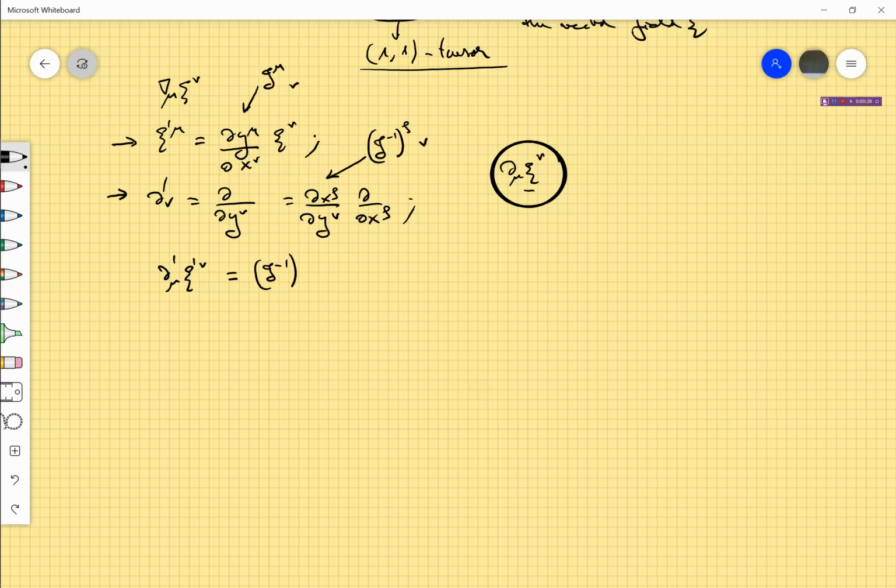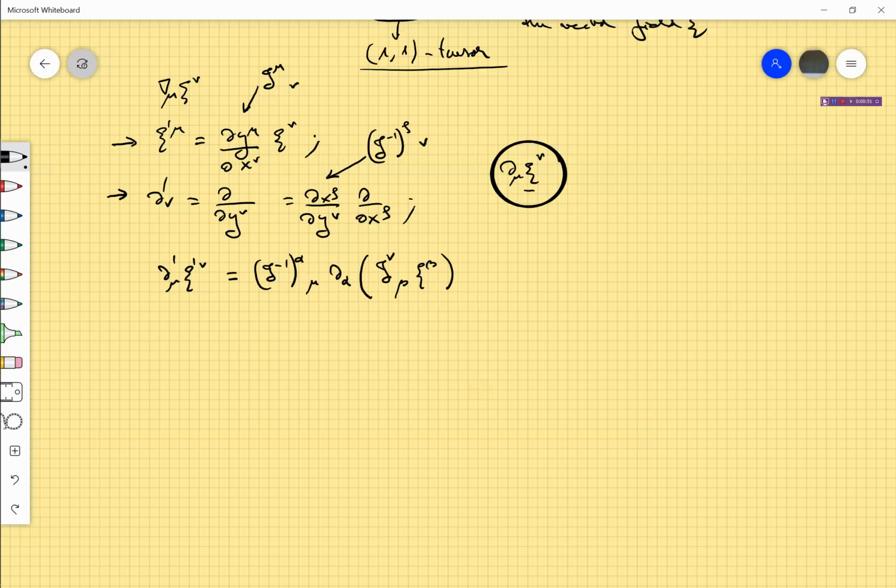I have to adapt the indices because here the free index is mu, and let me use alpha. So this transforms in this way, and then psi prime nu, the free index nu would be here, and then we call this beta, psi beta.